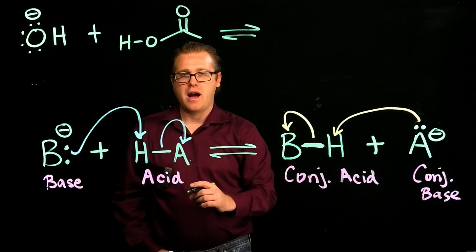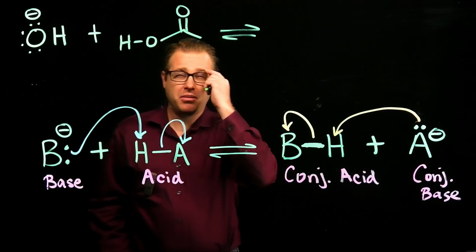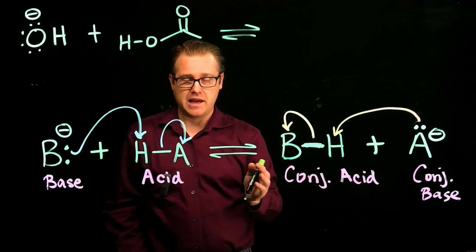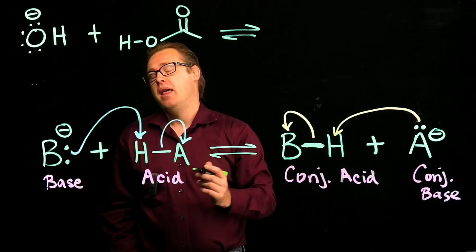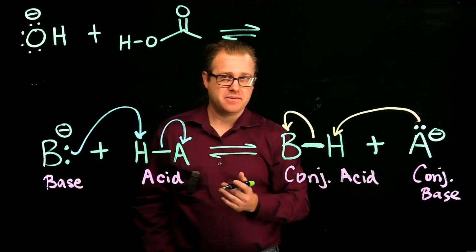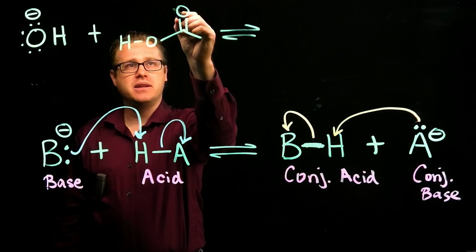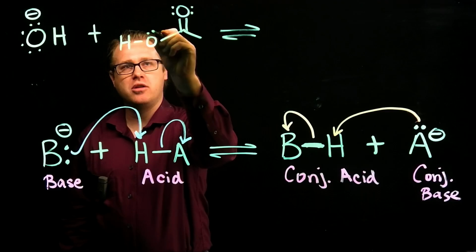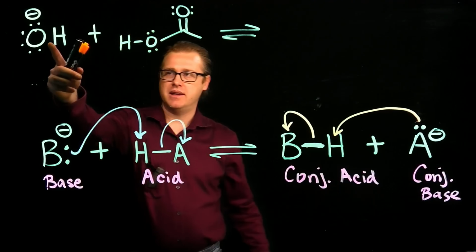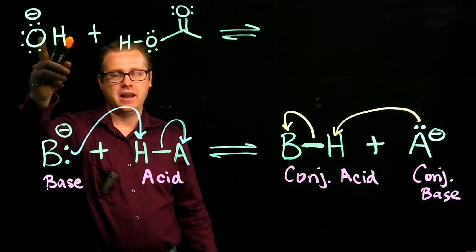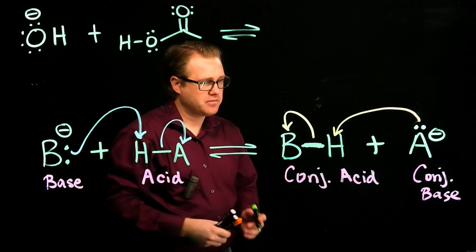Now, as I'm writing out this problem, I'm giving you contextual clues as to which is the acid and which is the base. In this example, you could say, okay, this molecule has some lone pairs there, lone pairs, lone pairs. This guy right here has a negative charge.